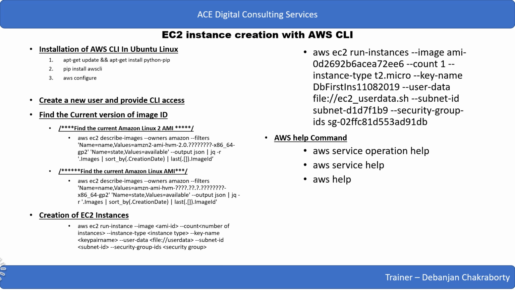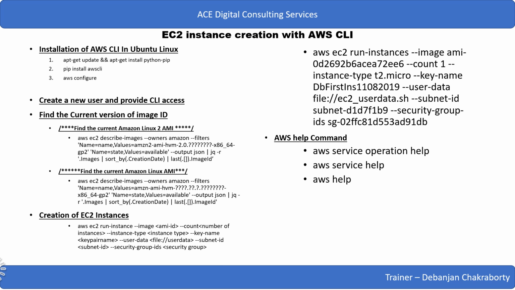If you go to the AWS site, you will find the processes and procedures to install AWS CLI on the different platforms and operating systems. Here I am giving you the demo on Ubuntu Linux. These are the commands to install the CLI on the Ubuntu platform.